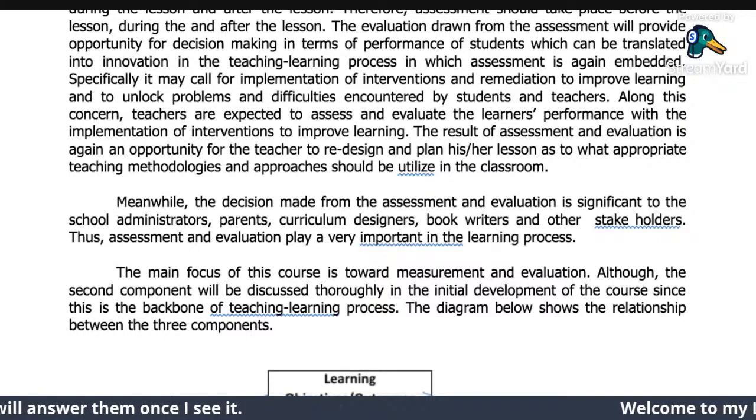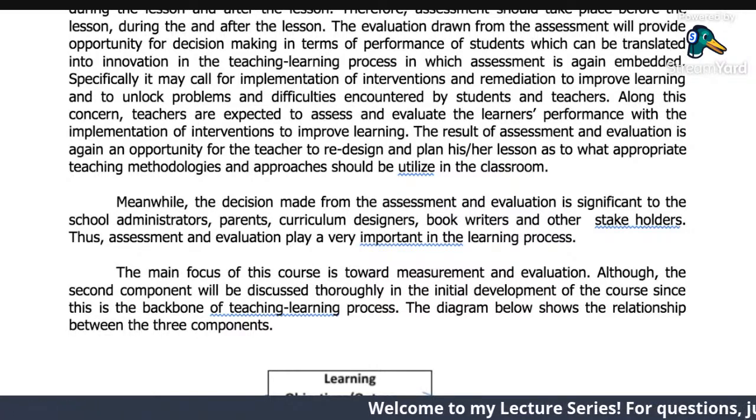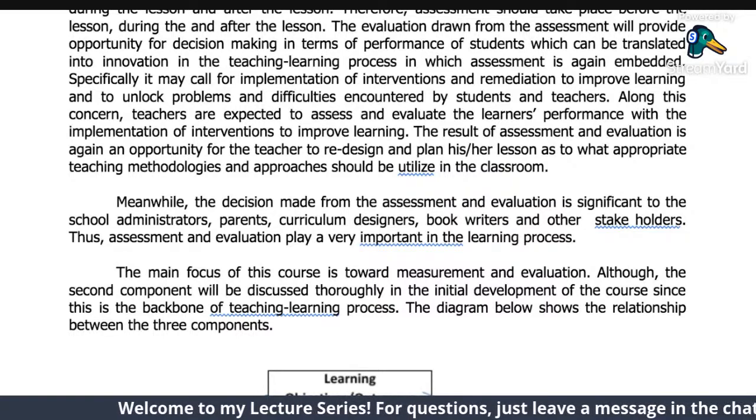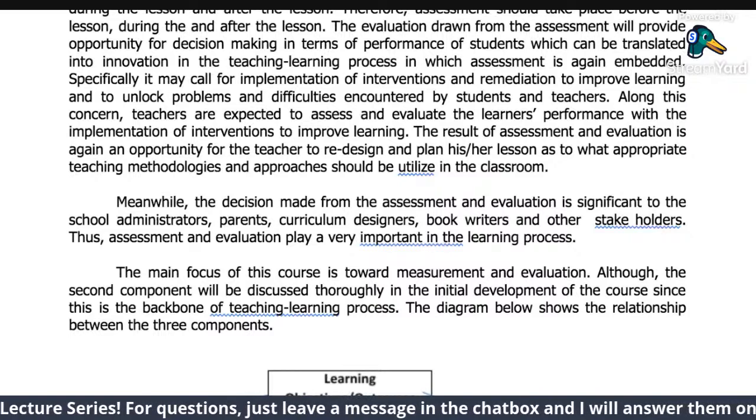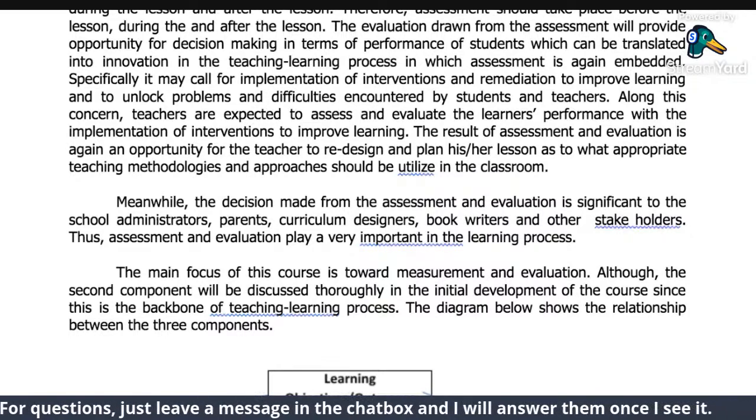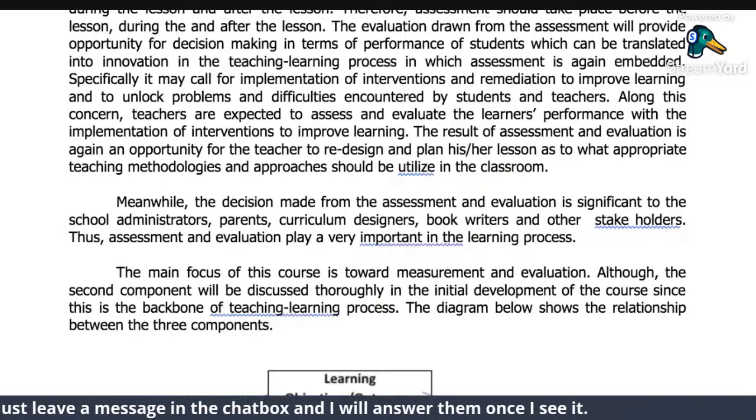Kasi pag lahat kayo pumasa pero nangodigo pala kayo, iisipin ko na, naintindihan nila, wow. So maybe I'm doing the right thing. So magpo-proceed ako ngayon sa next lesson. Yun pala, nangopya kayo, nagkodigo kayo. So, magkakaroon ako ng maling instructional decision.